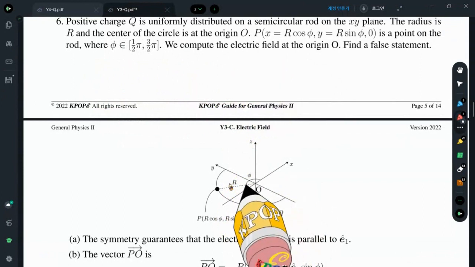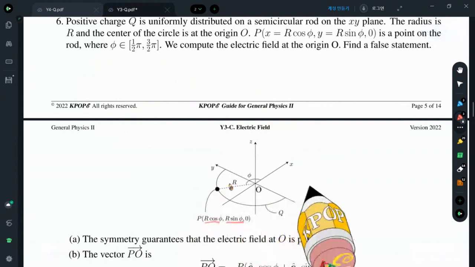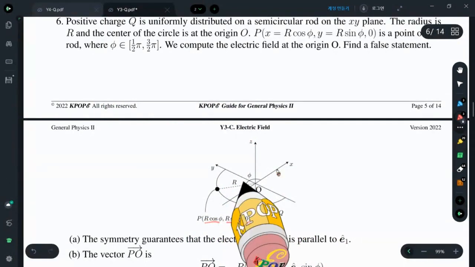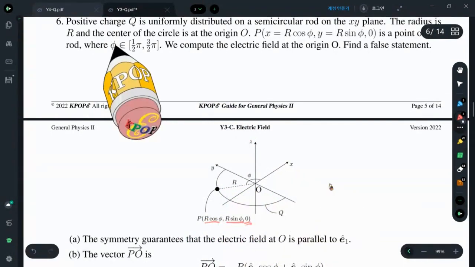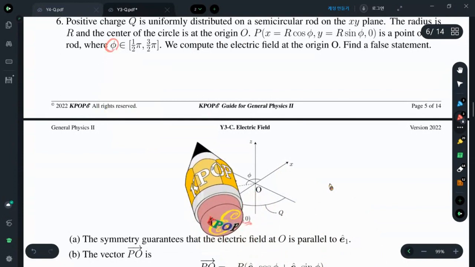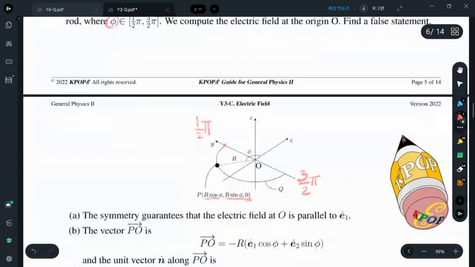Yes, we have phi, and this coordinate is r cosine and r sine, and it is on the xy plane. The z coordinate is 0. This azimuthal angle is from 1/2 of pi until 3/2 of pi.